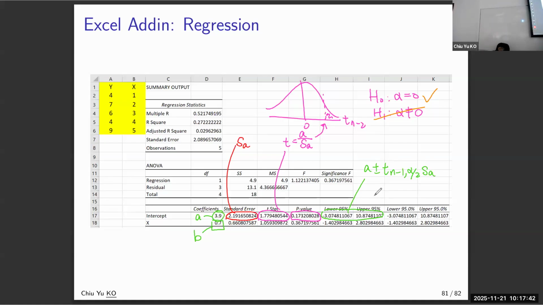This tells you that although we figured out A is 3.9, it can go as low as -3 and as high as 10. So that means A cannot be said to be different from 0.